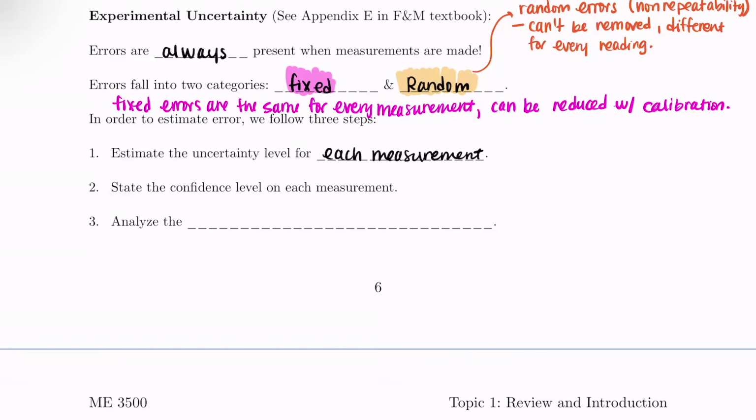And then we are also going to state the confidence level on each measurement. So for example, the height of something is 2 plus or minus 1/64 of an inch. And the last thing that we're going to do is analyze the propagation of error through any calculations that we might have to do.